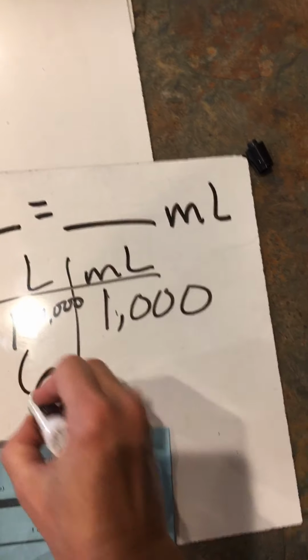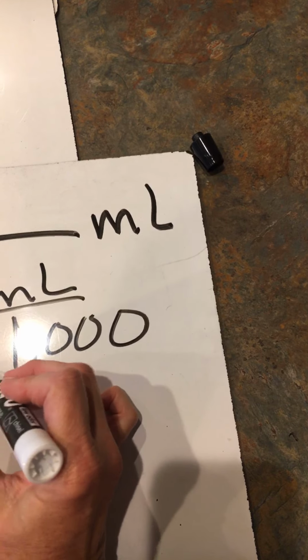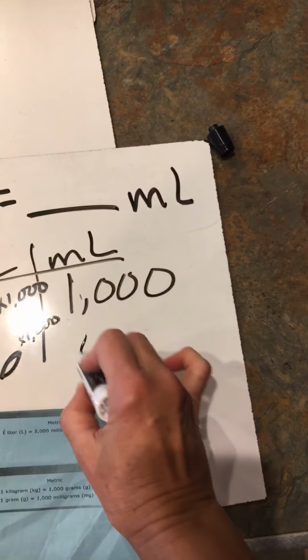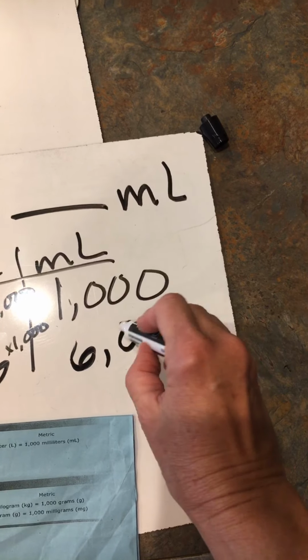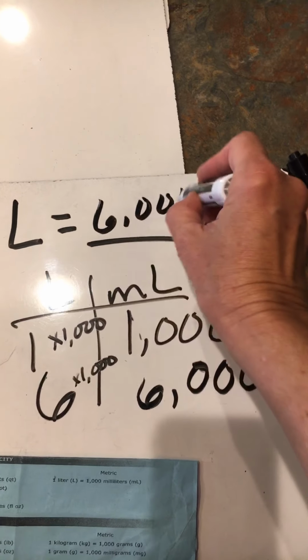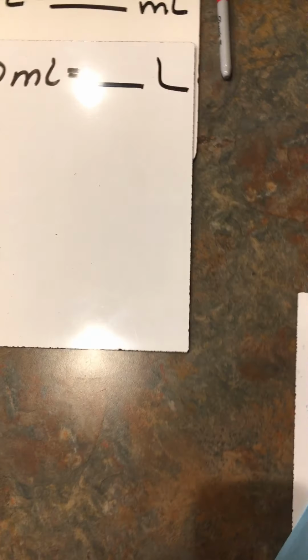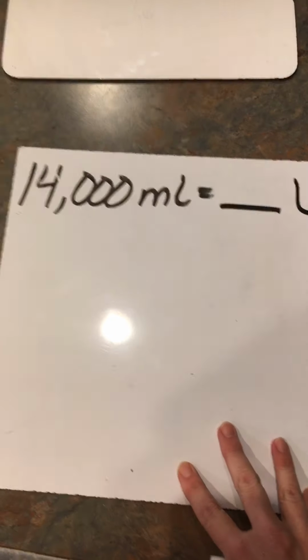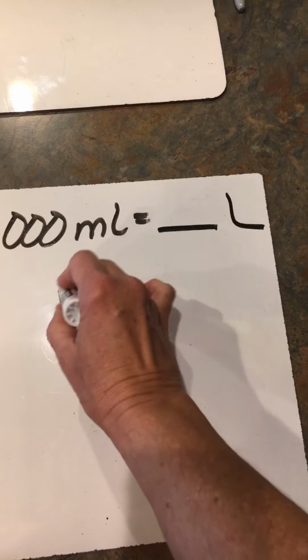So if I have 6 liters, the fastest way to multiply by 1,000 is to just write down our 6 and add on 1, 2, 3 zeros. So 6 liters is 6,000 milliliters.